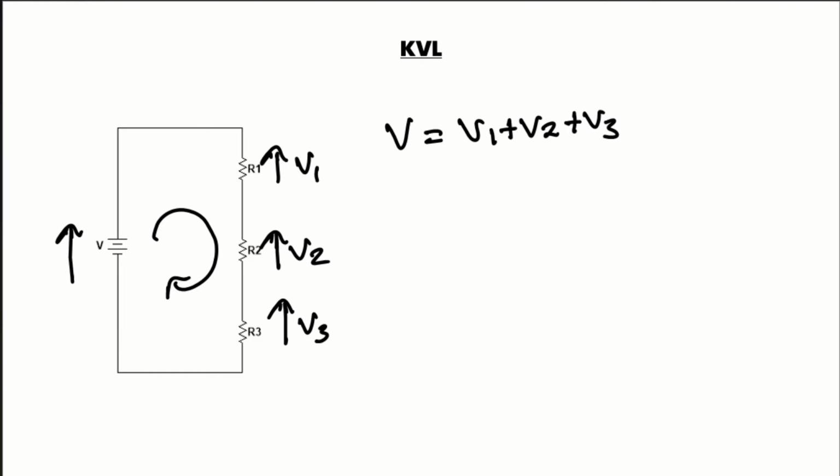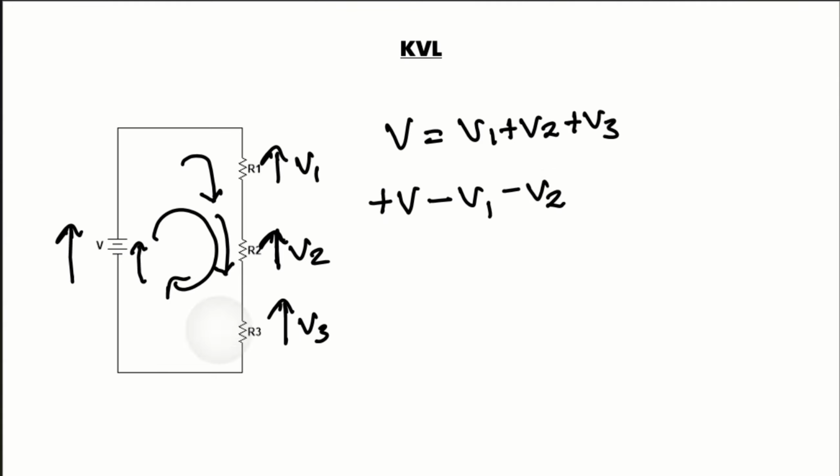Now, if you look at the loop direction and the voltage direction, both are the same, so we put that as plus V. But the loop direction and the V1 direction are opposite, so we put minus V1. Similarly, the loop direction is going this way and V2 is upwards, again minus V2.